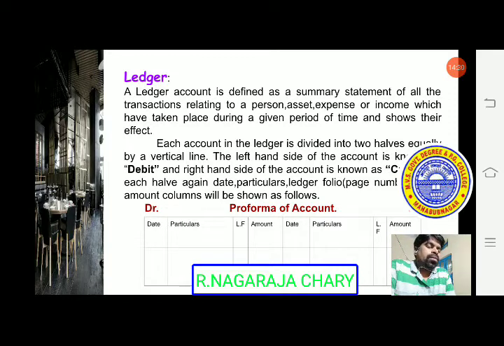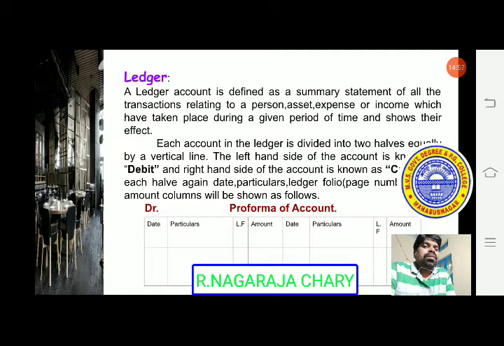For each and every aspect we have to know how many activities and transactions we have. For that we have to prepare the ledger. The ledger is a book where we see all the accounts, right.